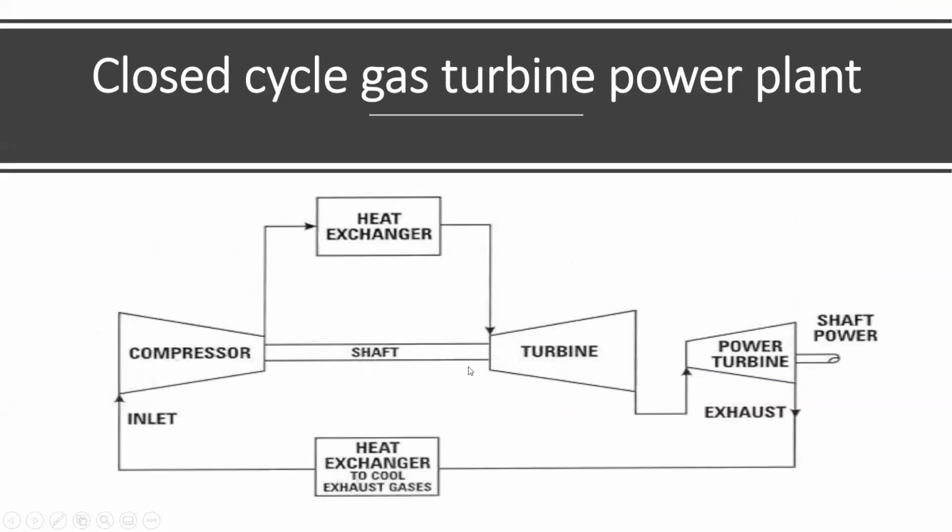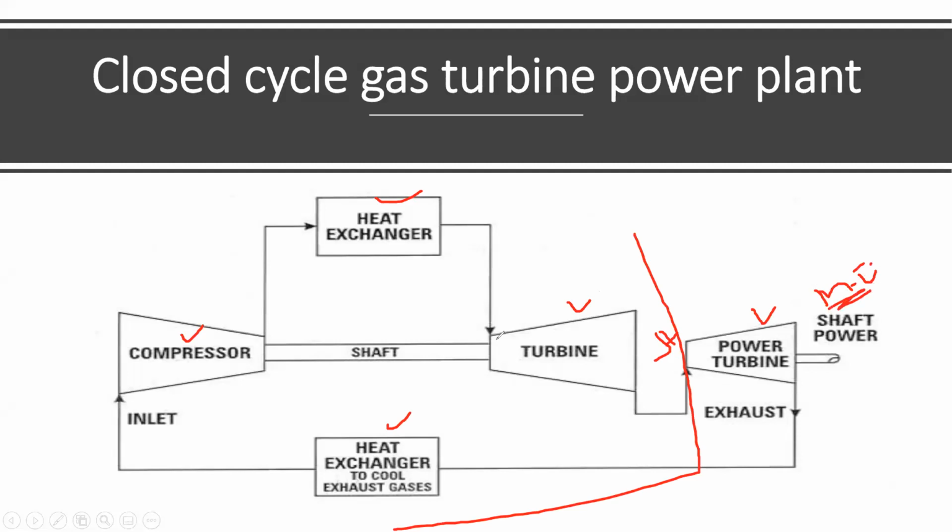So this is the overall diagram of the gas turbine power plant. How do I use the closed loop cycle in the gas turbine power plant? The same way, there is no big difference. So the heat exchanger, compressor and turbine, this process we already discussed. Here we only use this power turbine, and this power turbine is used to convert this steam into mechanical energy with high efficiency.